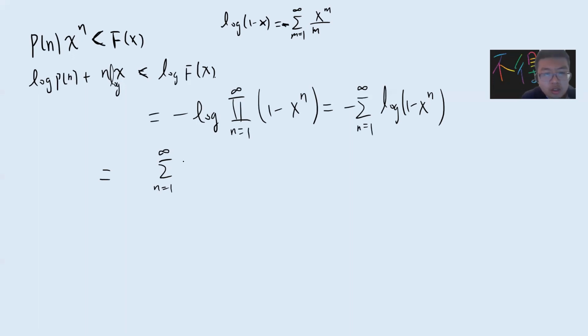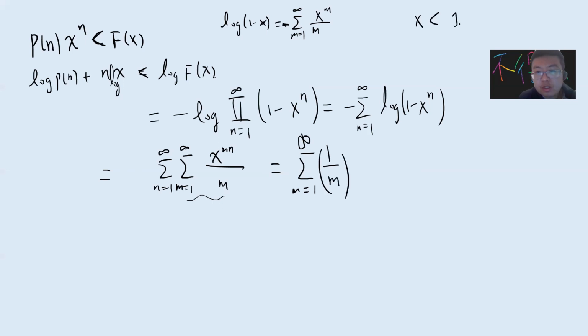So you get the sum over n from 1 to infinity and the sum over m from 1 to infinity of x^(mn) over m. So you can change the order. This is non-trivial, right? Because you are not sure whether this converges. This double series can be exchanged, but let's first neglect this technical issue. I mean, you can prove this because maybe this is absolutely convergent.